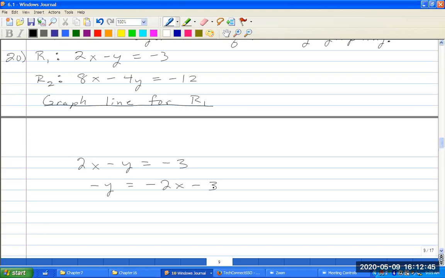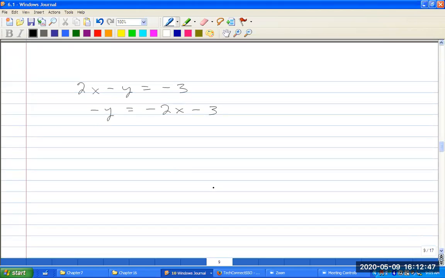And now let's divide both sides of my equation by -1. And so y is equal to 2x plus 3. So in this case, the slope of this equation is 2 and the y-intercept is 3.